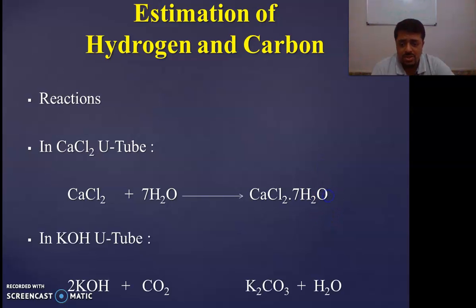Now the reactions: in the CaCl2 U-tube, CaCl2 reacts with H2O, giving CaCl2.7H2O, so the water is trapped as water of crystallization for CaCl2. In the KOH U-tube, KOH reacts with CO2 generating K2CO3, a white precipitate, and H2O.